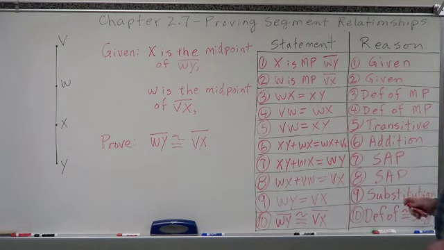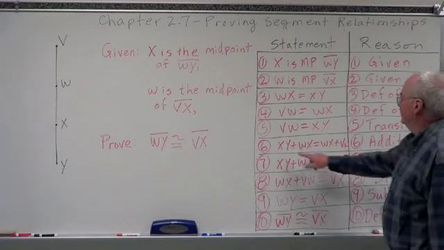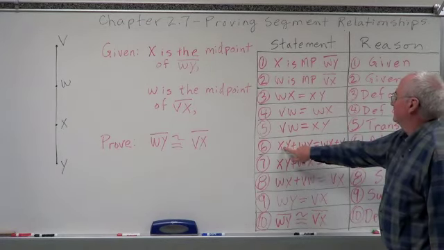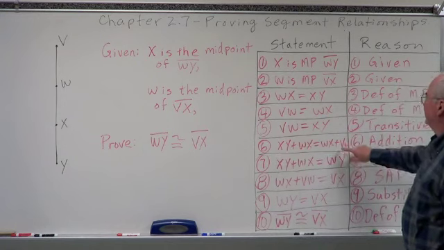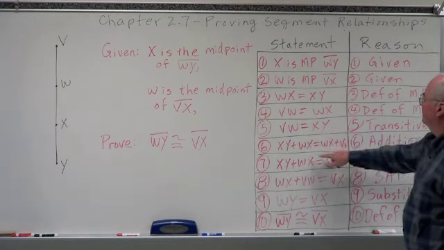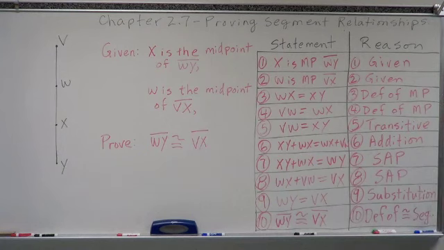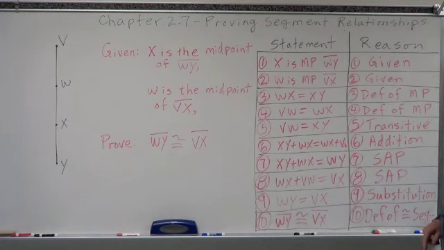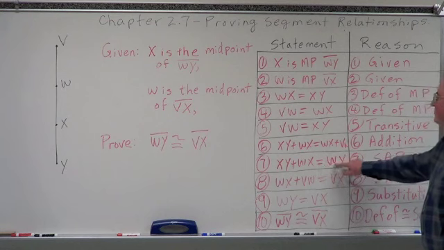Then we just simply did addition. We took XY and VW, this one right here, and we just simply added XW to it. Addition property. Then we know that XY plus WX added together equal WY.